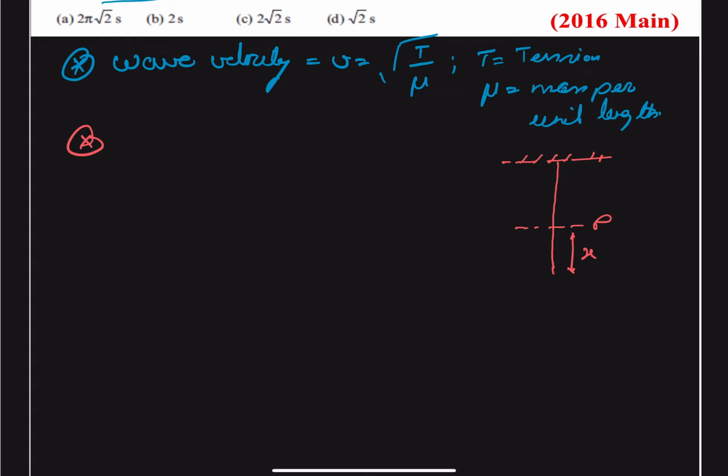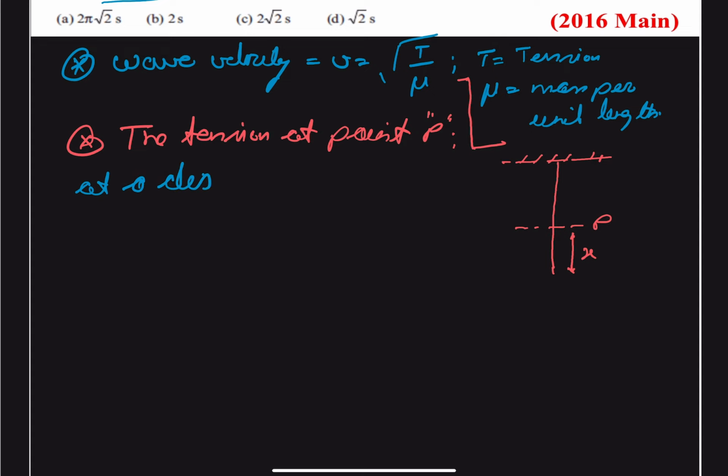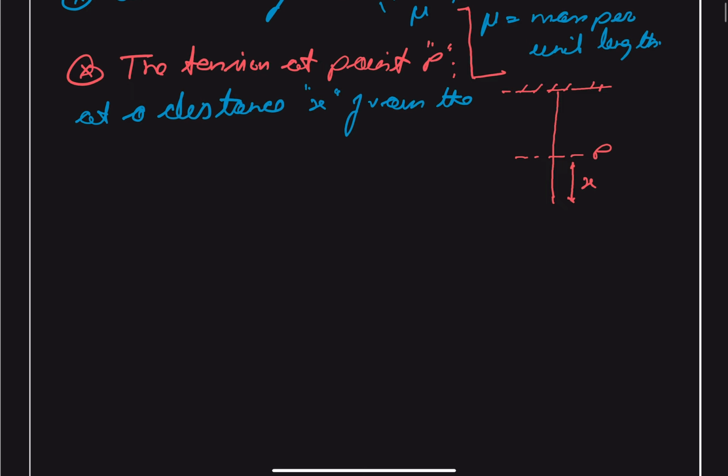So we are going to find out the tension at this point P, at a distance x from the lower, meaning free, end of the string.